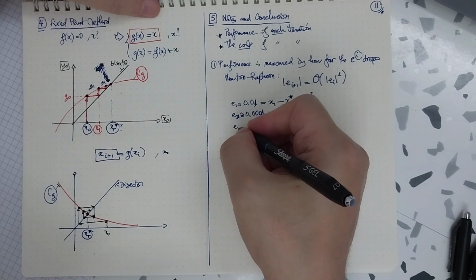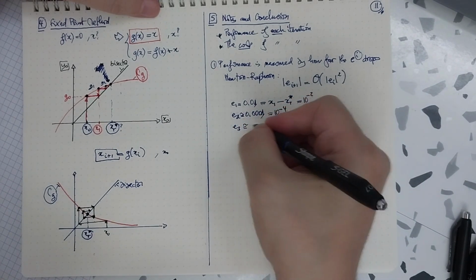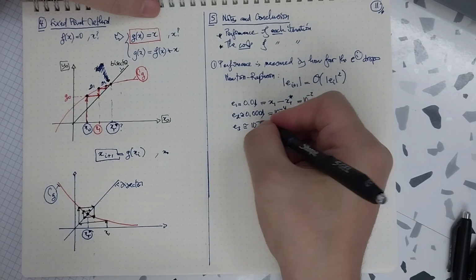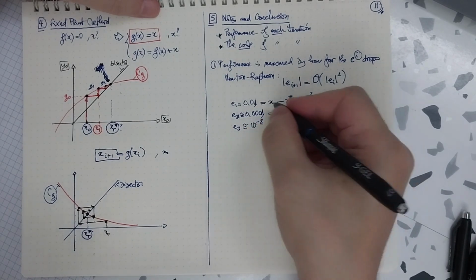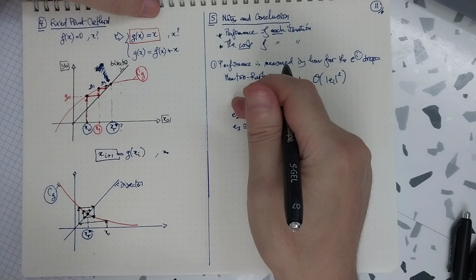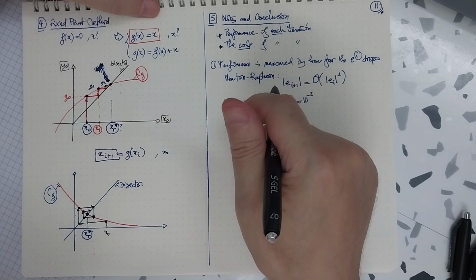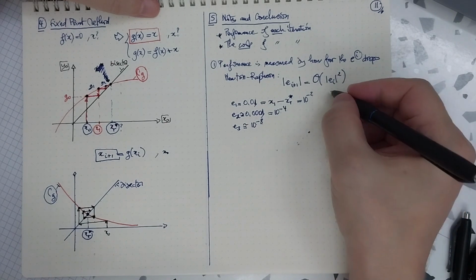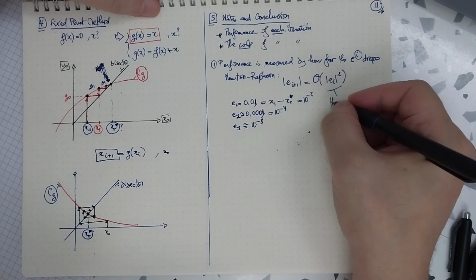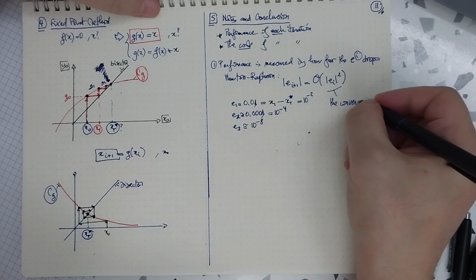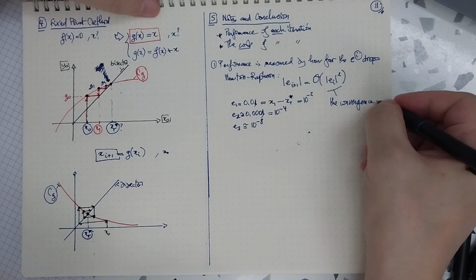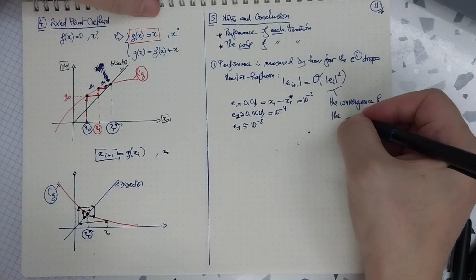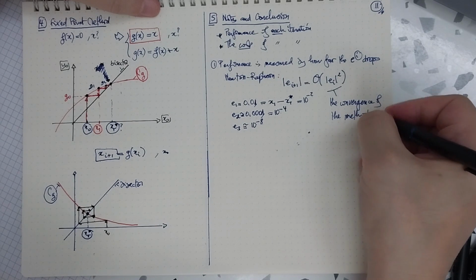At the third iteration, it becomes 10 to the minus 8, and so on. The error decreases very fast. When it is squared, we say that the convergence of the method is quadratic.